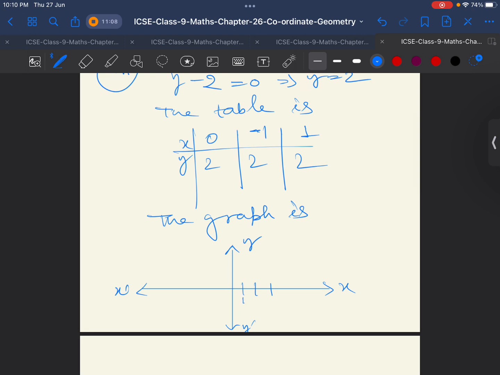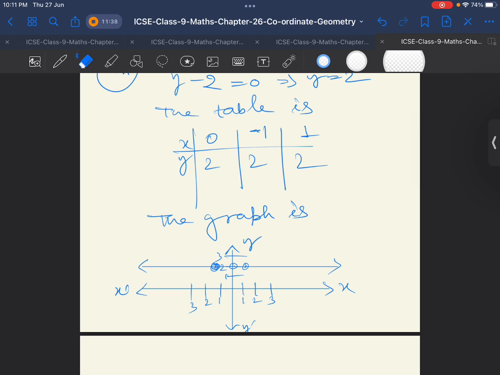So 1 2 3, 1 2 3. So the point (0, 2) is here, and (-1, 2) is here, and also (1, 2) is here. Now we draw the straight line. This is the straight line.